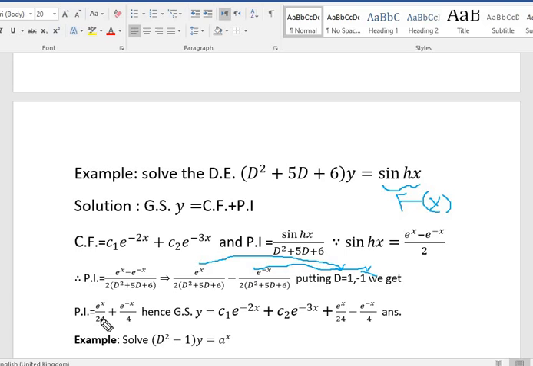Substitute here: e^x divided by 24, minus e^(-x) divided by 4. Therefore the general solution is c1 e^(-2x) plus c2 e^(-3x) plus e^x divided by 24 minus this one. Hopefully you understand that one.